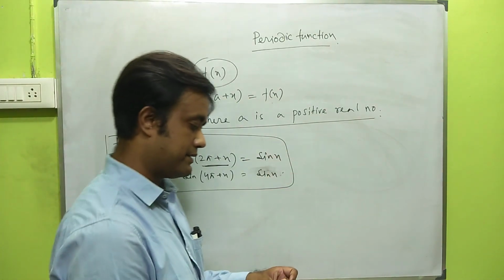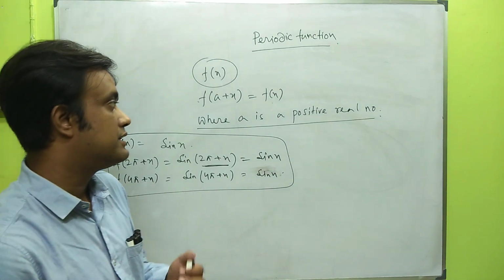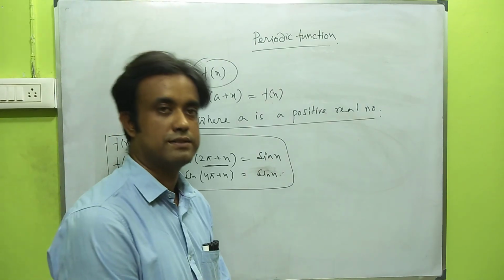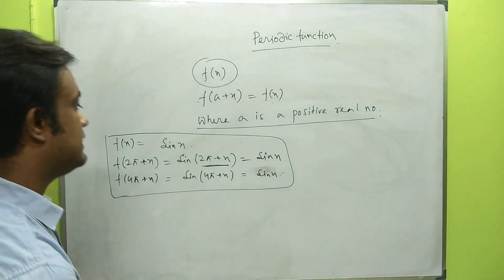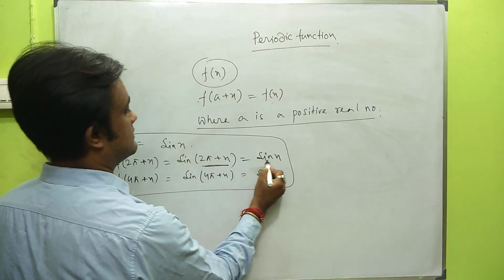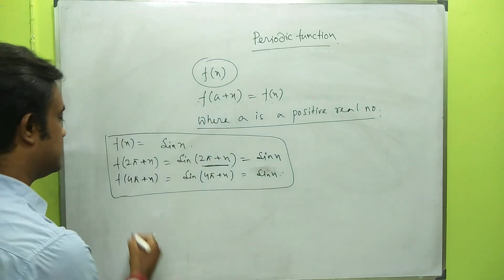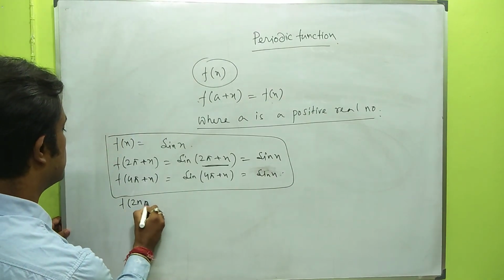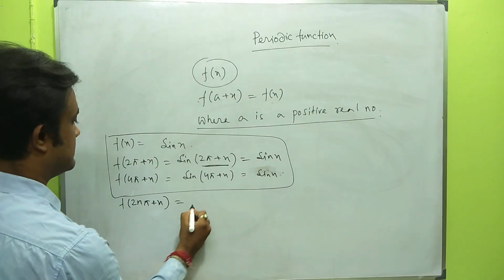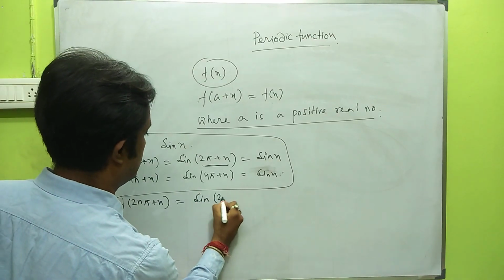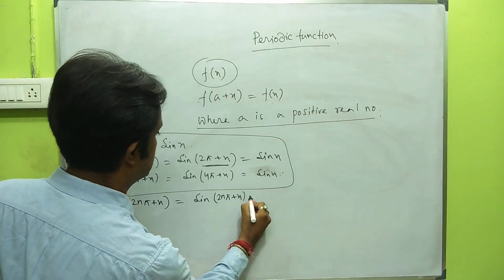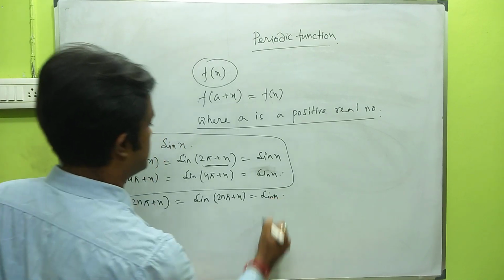Now we calculate the period of a periodic function. Here we see that sin of 2 pi plus x is equal to sin x, sin of 4 pi plus x is equal to sin x, that is f of 2n pi plus x is equal to sin of 2n pi plus x, which will be sin x.